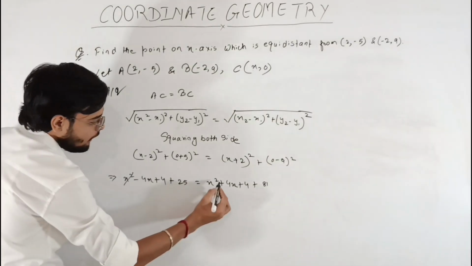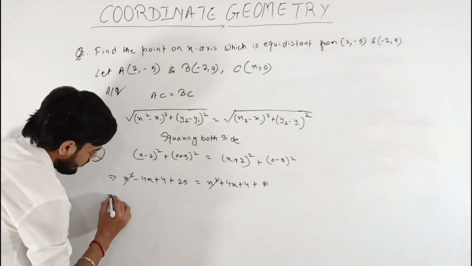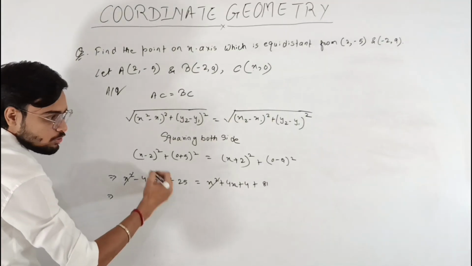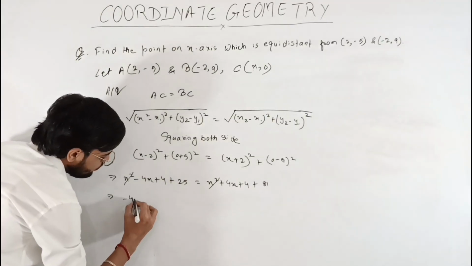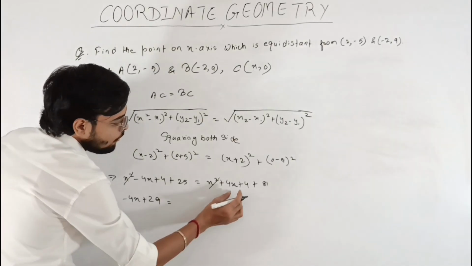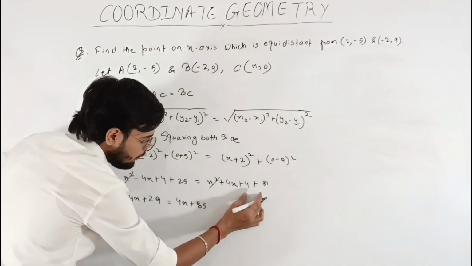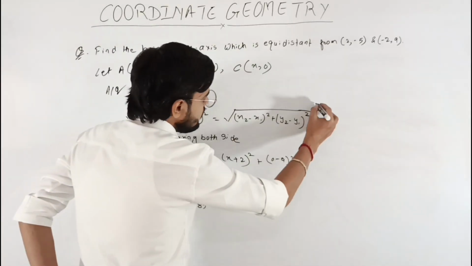Now look here, x square is cancelled out. Okay, now solve this. This is 25 plus 4 is 29. Then this will become minus 4x plus 29 is equal to 4x plus 85. 81 plus 4 is 85. Now let's solve it here.